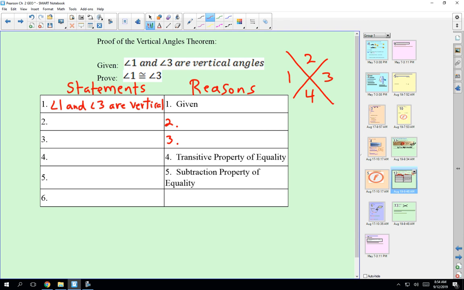Angle 1 and 2 are supplementary. What's the reason now? Angles that form a linear pair are supplementary. So 1 and 2 are supplementary, and then you'll have to write also that angle 2 and 3 are supplementary.